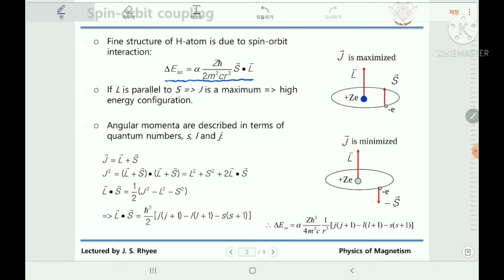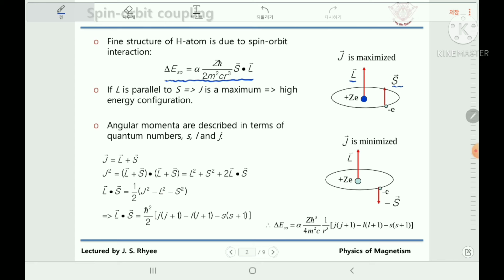But in the electron frame, the electron does not move, and the atomic nucleus revolves around the electron. Therefore the magnetic field generated by the nucleus acts on the spin of the electron, which is an intrinsic angular momentum.